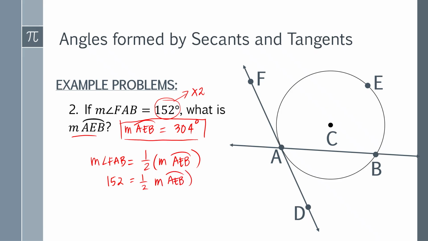So we have here the measure of angle FAB, 152 degrees, equal to 1/2 of the measure of arc AEB. To get rid of 1/2, you have to multiply by 2, removing the 1/2 and the 2 here. Then you multiply 2 by 152. So therefore, the measure of arc AEB, using your calculator, is 304 degrees.